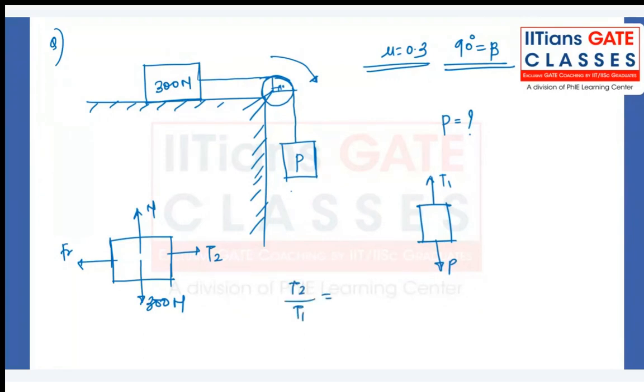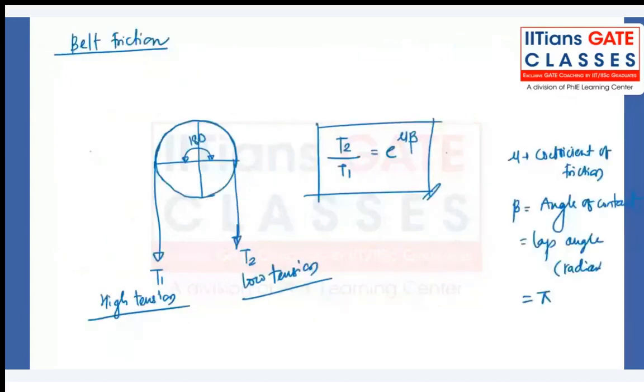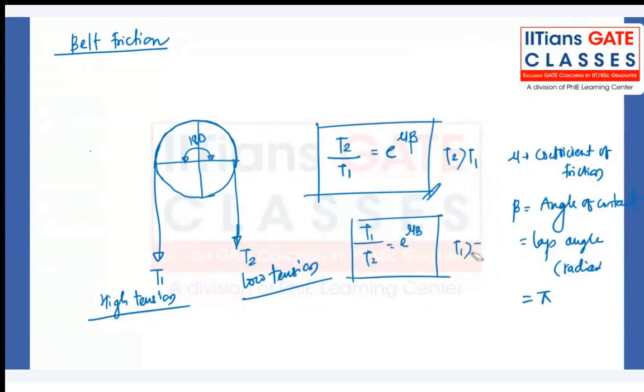Okay, let me help you with this. T2 by T1 is equal to e to the power mu beta if T2 is greater than T1. And you can write it as T1 by T2 is equal to e to the power mu beta if T1 is greater than T2. So it will change based on whatever you are assuming.